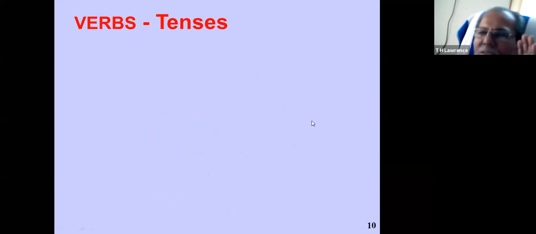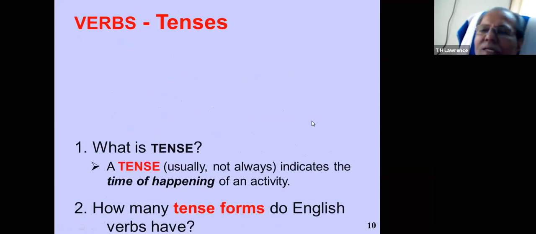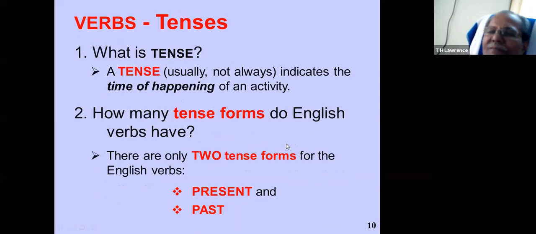Now let's go to this, which is a very important aspect and an important question. We have classified the verbs in three different ways, and the last category was in terms of tenses, that is finite and non-finite. Then what is tense? When we classified verbs in terms of objects, we knew what an object is.